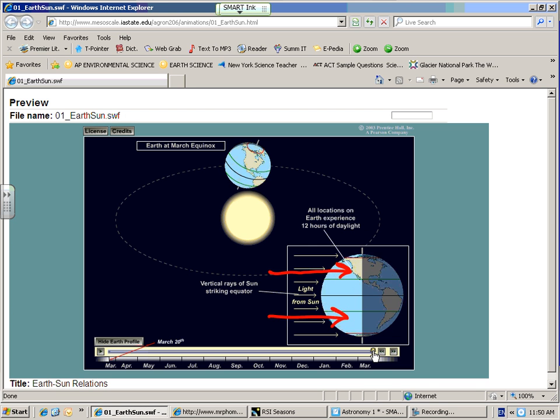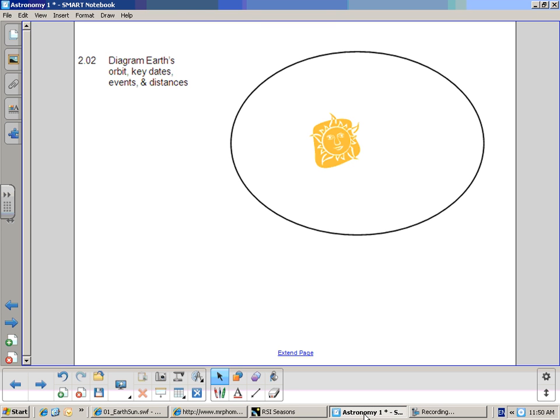All right, let's go back into your notes now and see if we can make a little bit more sense of this. Here's our diagram. Let's see if we can get this diagrammed the correct way. Let's start with summertime. Summertime tilted towards, and our northern hemisphere is getting more direct sunlight.